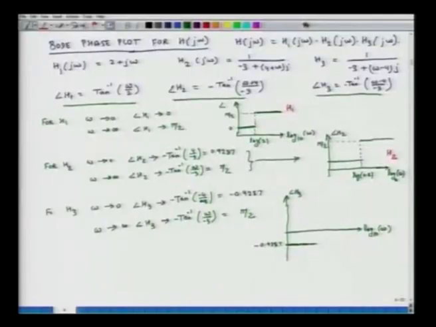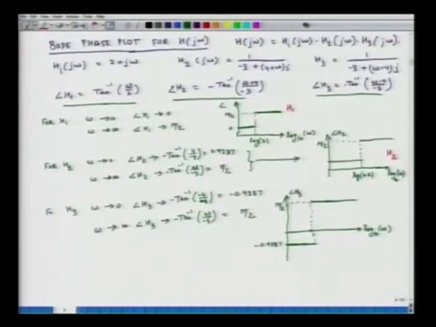Then after the crossover point, which corresponds to omega being equal to 2, I have a high frequency asymptote, and the high frequency asymptote also has a y intercept of pi over 2, and once again this crossover point is log 10 of 0.2. So, this is H3. I have plotted phase plots for H1, H2 and H3 on a log scale.